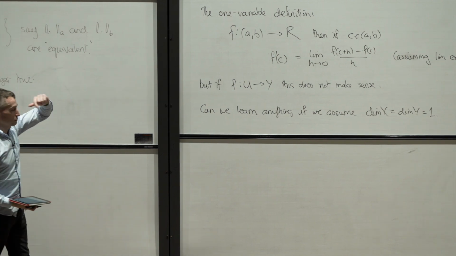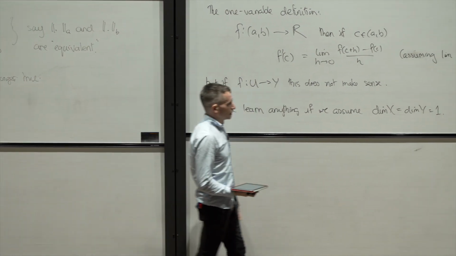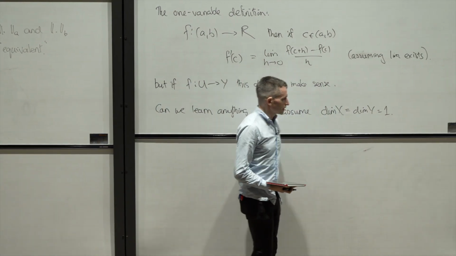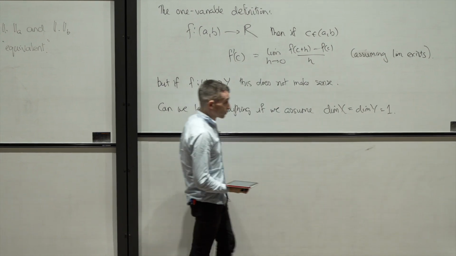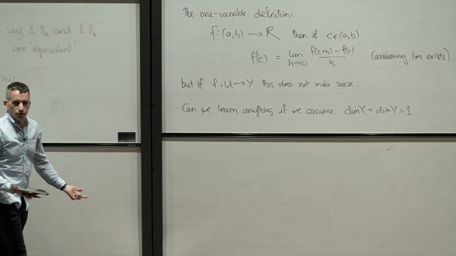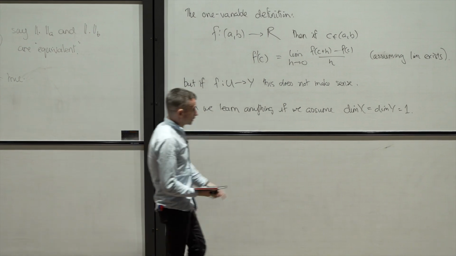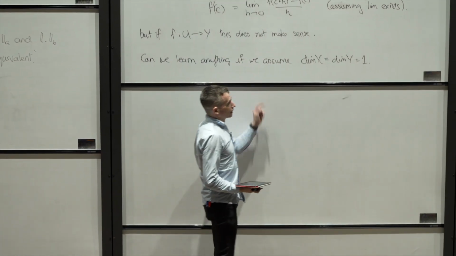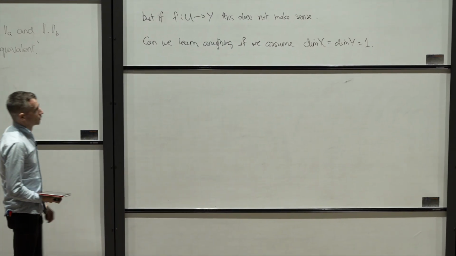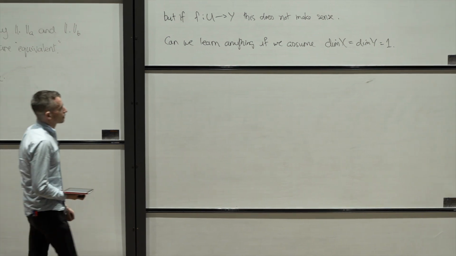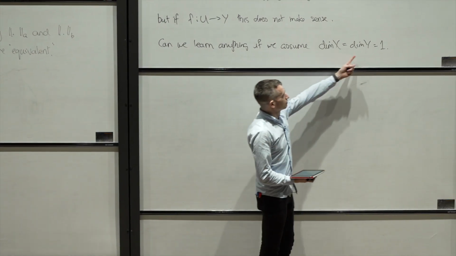The only difference is I'm sort of abstracting it a little bit, so I just have some one-dimensional vector space with a norm and some other one-dimensional vector space with a norm. But that's not really an issue, right? I just need to take coordinates. And I can reduce both of those to something which is just a copy of R.